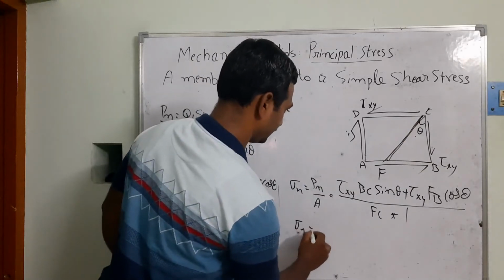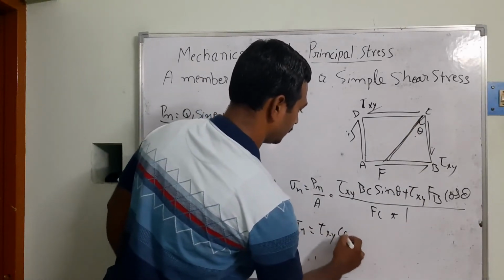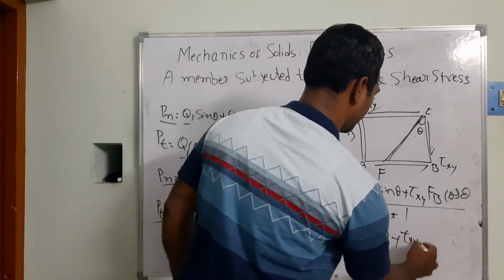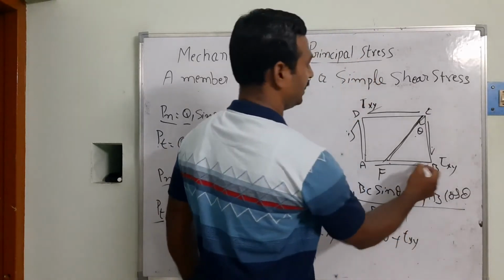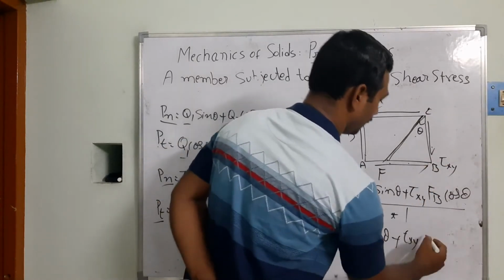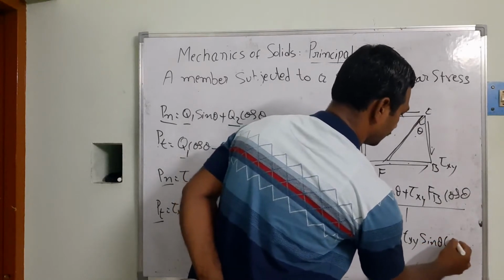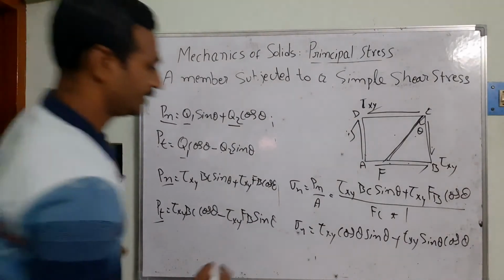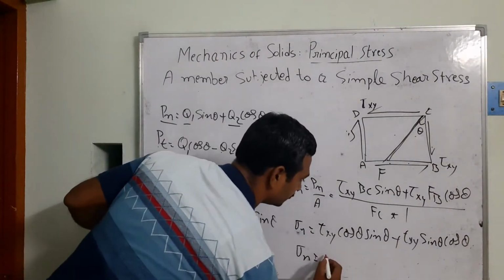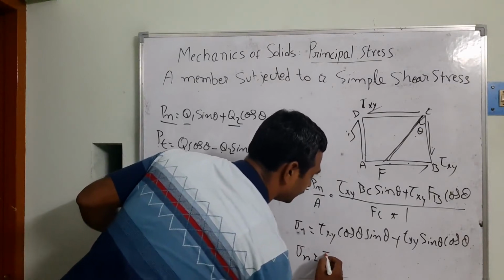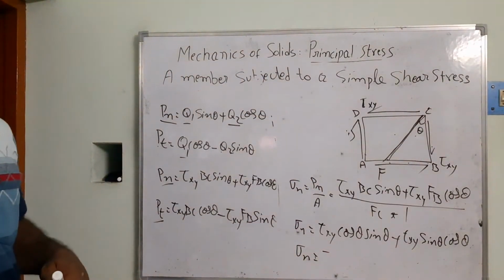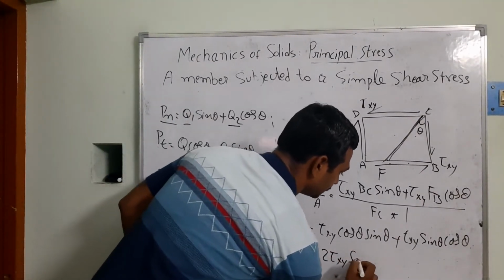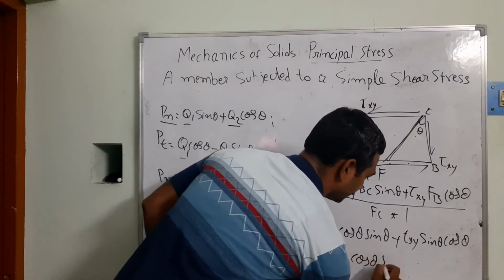So sigma n is equal to tau xy cos theta sin theta plus tau xy, where FB is the opposite side, by the diagonal, that's sin theta cos theta. Once I get sin theta cos theta, I take the common factor, so sigma n is equal to tau xy, and this is equal to 2 into tau xy, with cos theta sin theta.